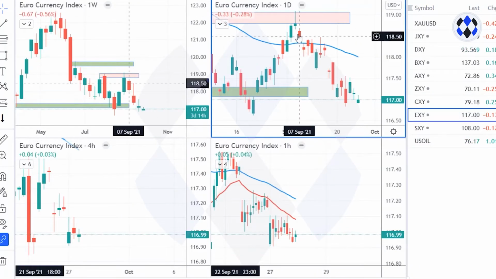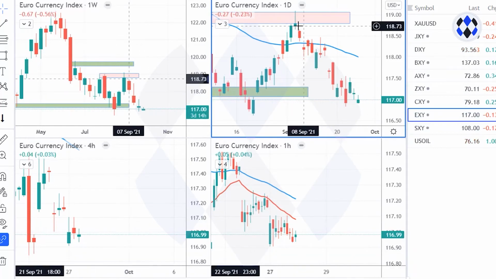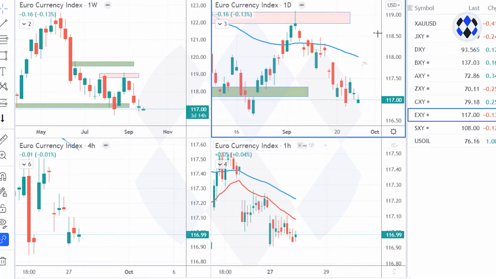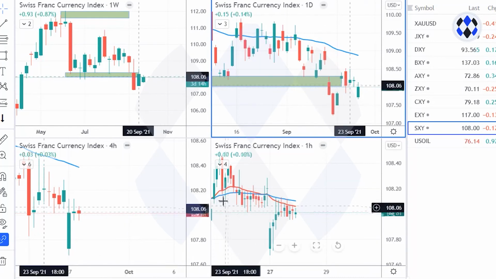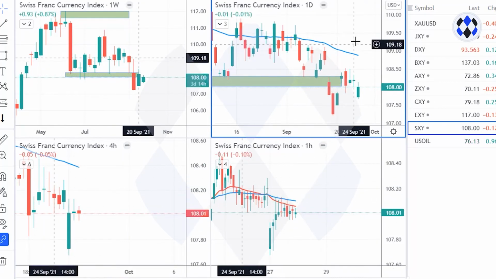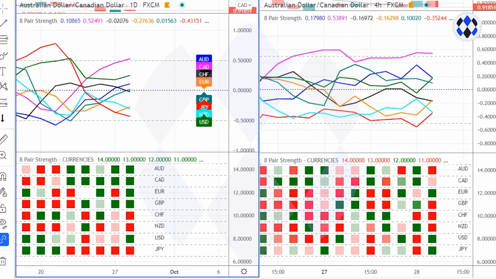And we have the euro, which is also dropping. So right now, if you're into the euro dollar, personally, I would definitely look to short that, simply because that euro is very weak and the dollar is gaining some strength. Finally, we have the Swiss franc here, also in a downtrend, and as I said, it is a bit peculiar why that is happening, but there are of course a lot of fundamentals playing in here.